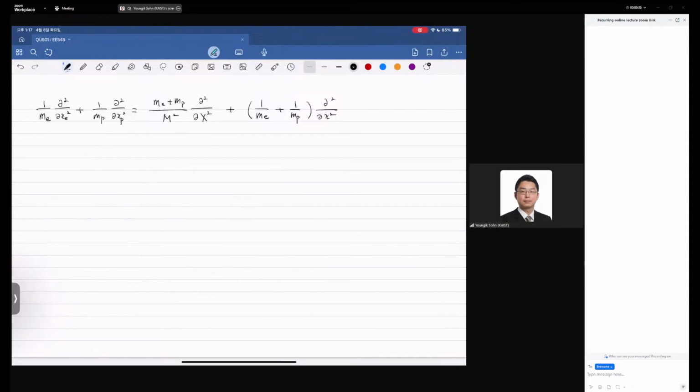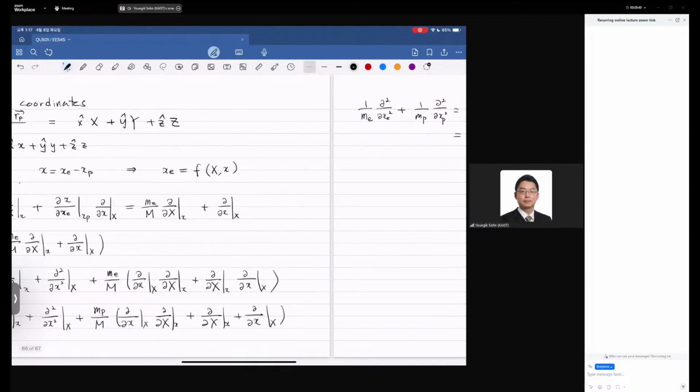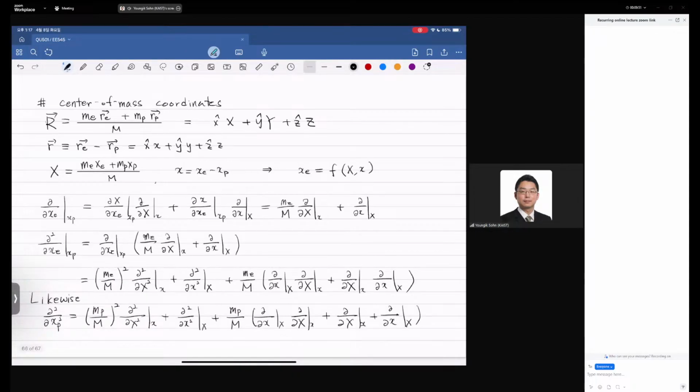And then what we can do is, sorry, one thing I missed in the previous slide. I'm supposed to have a minus sign here.